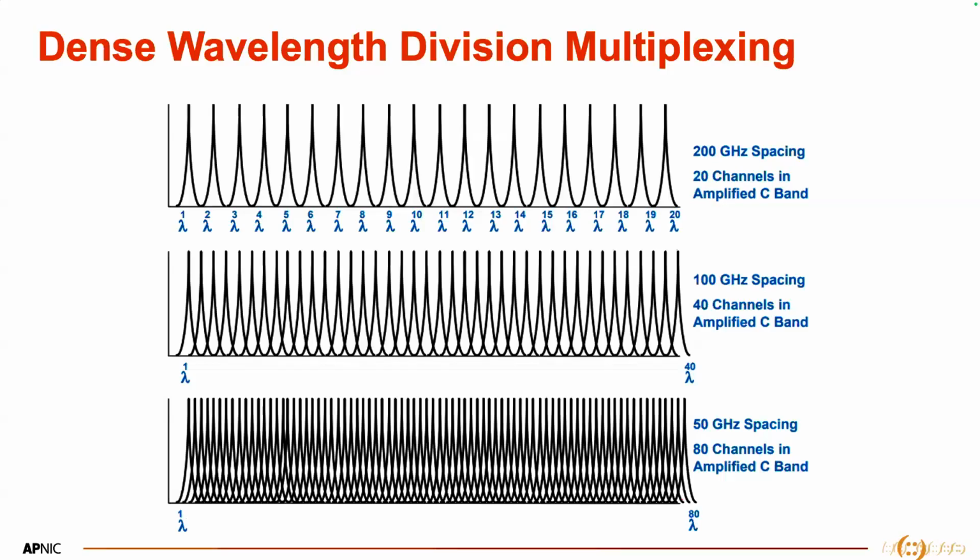What I mean by this is that you have to use a proper number of line amplifiers along the path, in such a way that all the 80 lambdas are able to maintain the same kind of signal strength from start to end.